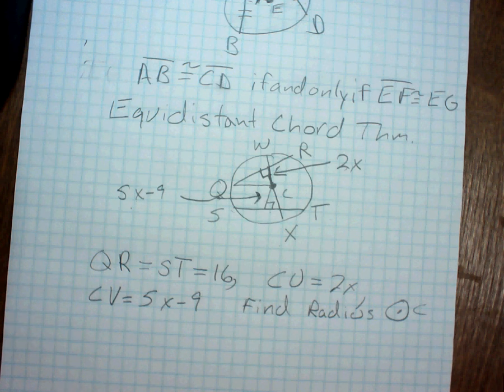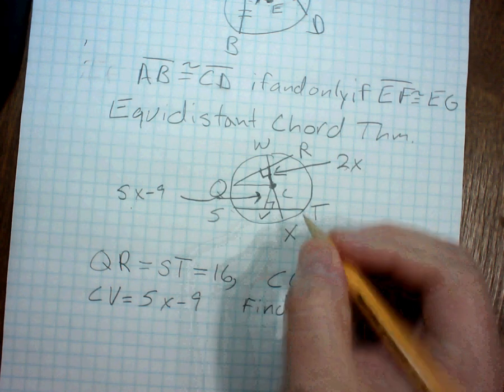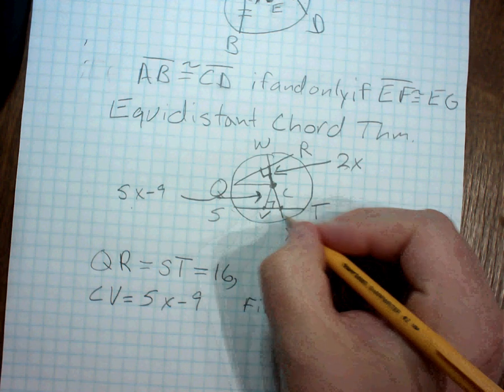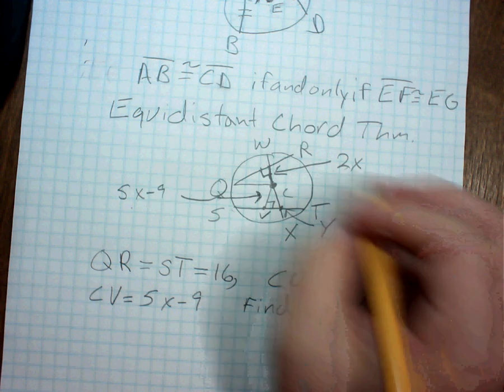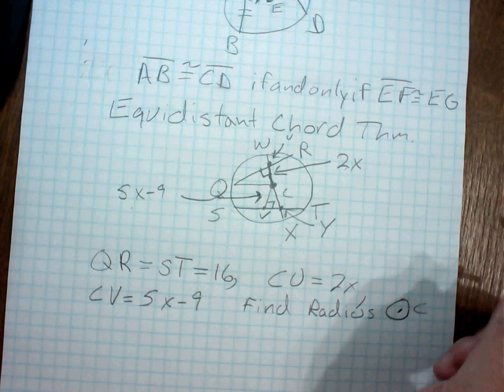Okay. So now this is not that hard. Oh, I got to label some things. So this intersection here is V. This point here is Y. This point here is U. Okay?